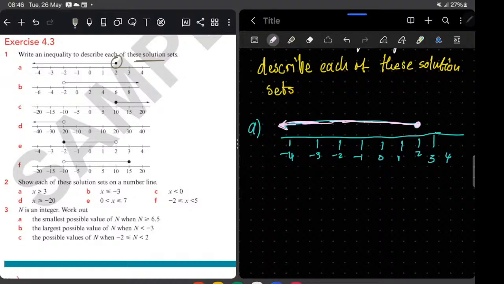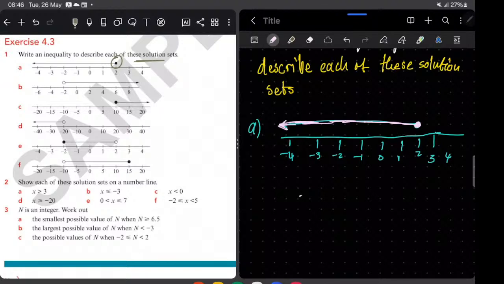Now, if it's facing the left, like this, it means x is less than, because it's taking numbers to the left, numbers that are less than a certain value. And what value is that? The value where your circle is, which is 2.